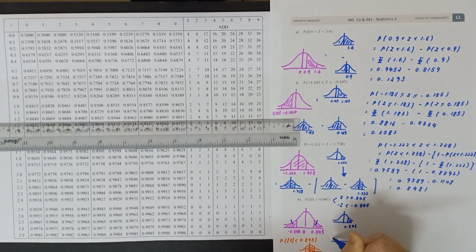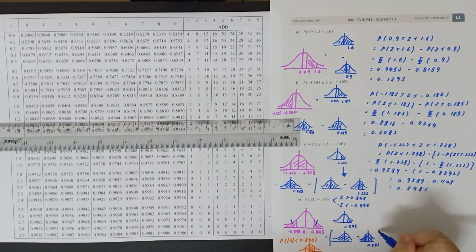I'm going to use the full area minus the area that is lesser than 0.845, I drew it wrongly. Then I get this answer, and I multiply by 2 to get here and here.